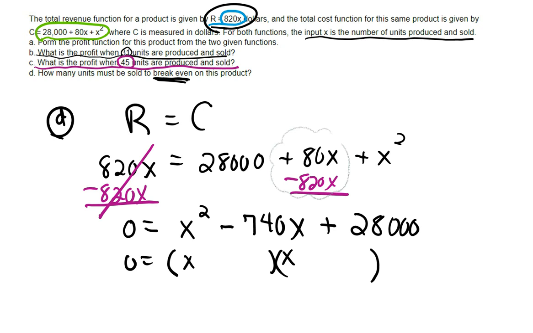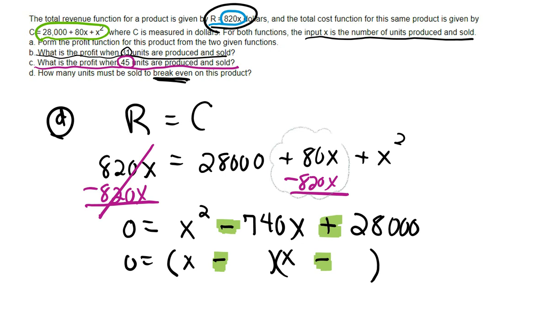However, I figured it out because it's a positive 28,000. Last times last either has to be a positive times a positive or a negative times a negative. And because my middle term is a negative, these both have to be negatives. And then I need two numbers that multiply to give me 28,000 that add up to 740.